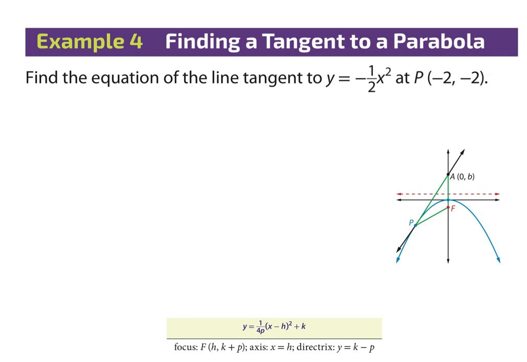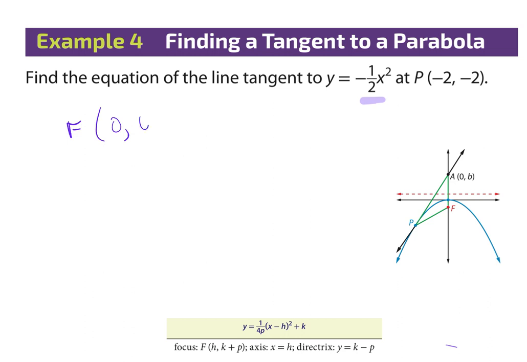So the first thing I'm going to do is find my focus. My focus, as we've said before, is h, k plus p for this guy. If I look at this, my h and k are both 0. This is 0, 0 for h and k. So my focus then is going to be 0, and then 0 plus whatever p is, k plus p.